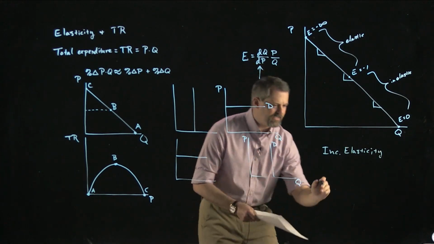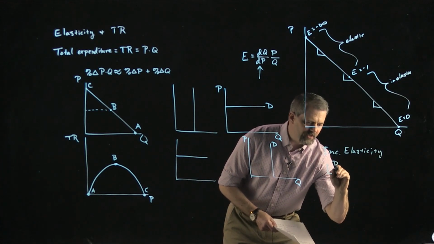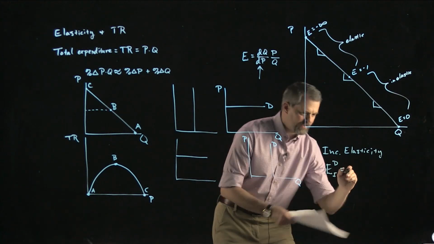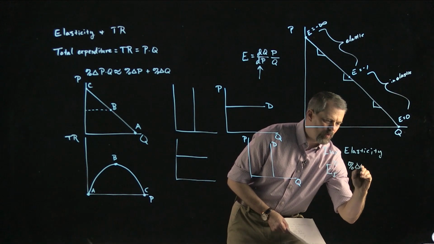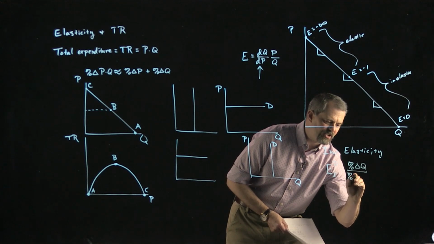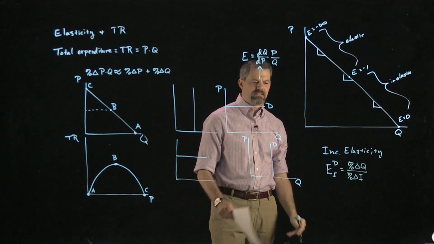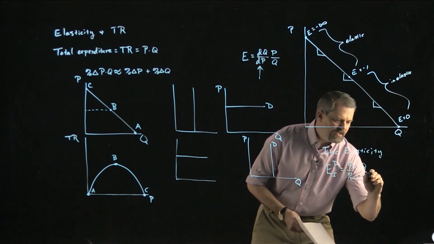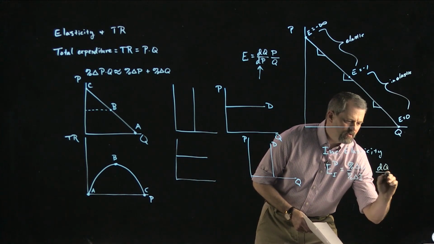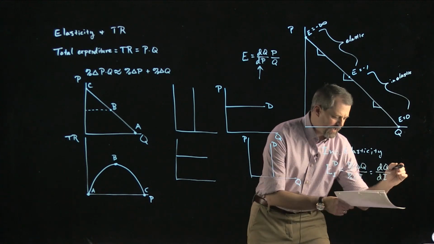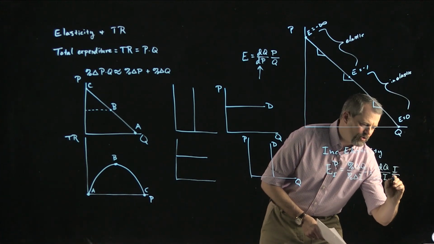Your textbook uses this notation. It's the percent change in quantity divided by the percent change in income. But we're going to calculate point elasticities, and so it's going to be dQ/dI times income over Q.